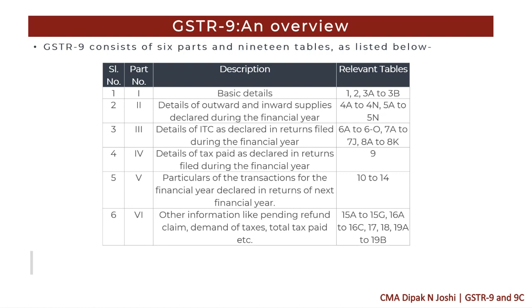And part 6 is regarding other information like refund claim, demand of taxes, total tax paid, HSN-wise summary. Okay, so all these things we are supposed to report in table 6 of GSTR 9. We'll go through each and every table and see what precautions we should take while furnishing or reporting any details in the respective tables of form GSTR 9.